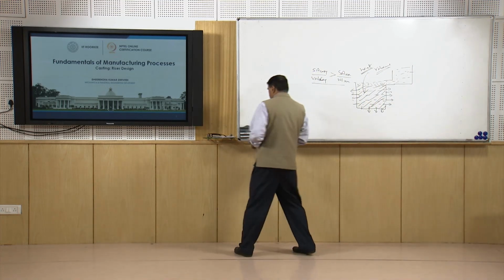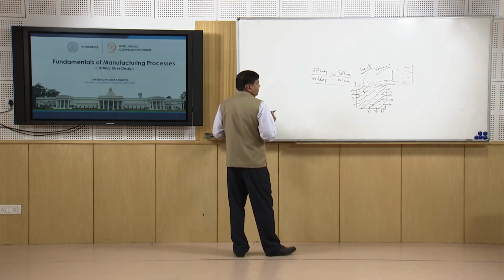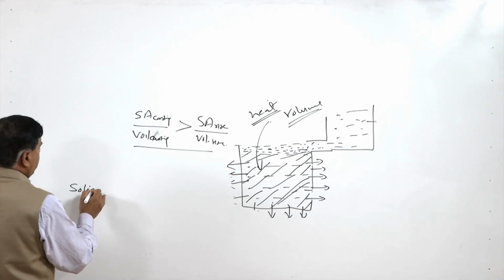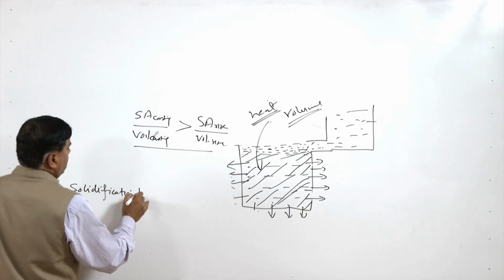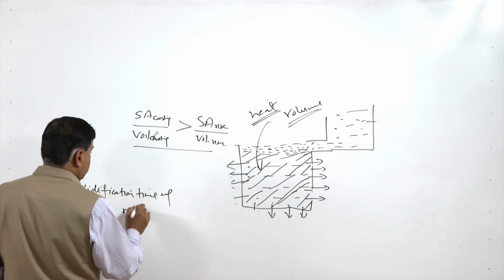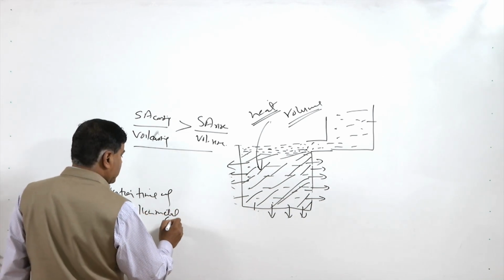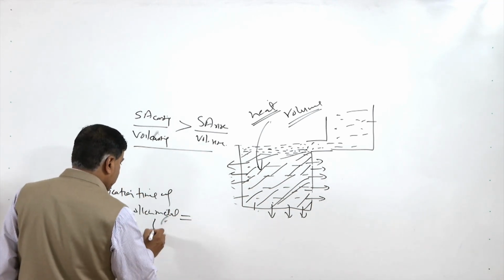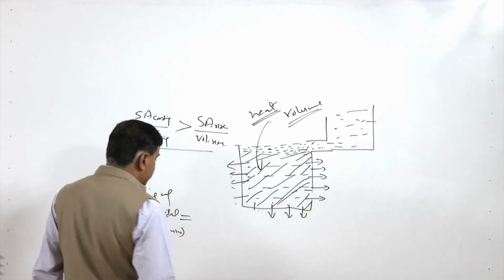So, efforts have been made to relate the solidification time of the molten metal, in the casting or in the riser, which can be given with the help of Ts, the solidification time in minutes.